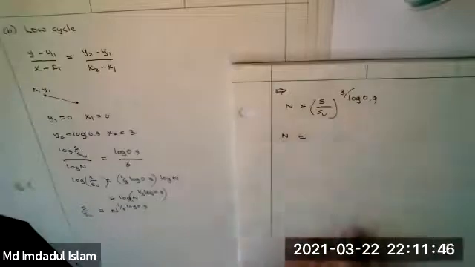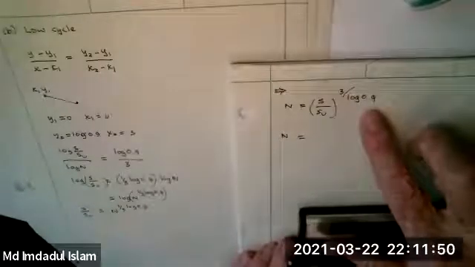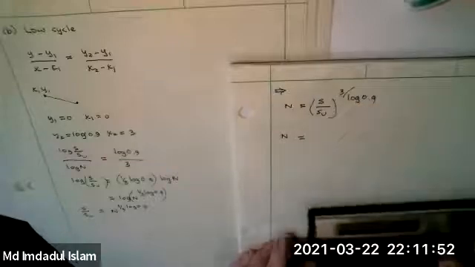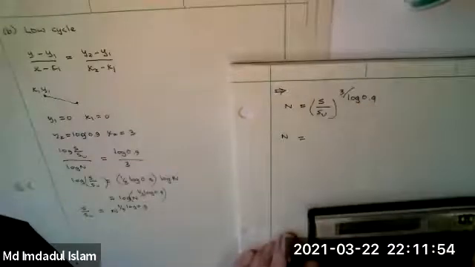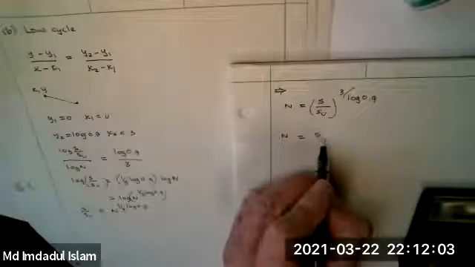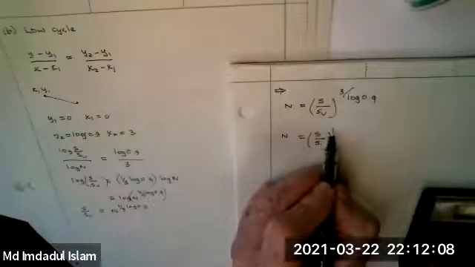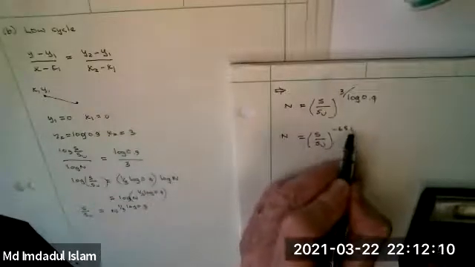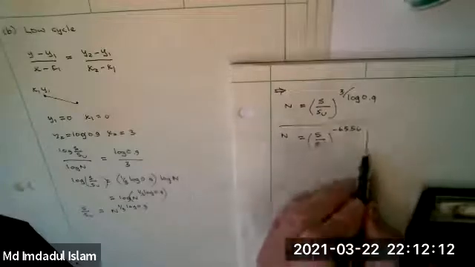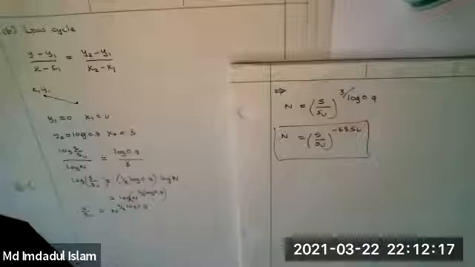And we can calculate that. Log of 0.9 is about minus 0.05. So it's going to be about minus 60. It's not quite minus 0.05. So that's the low cycle life estimate.